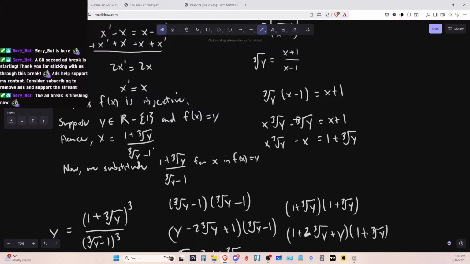Looks like, then we subtract this side into this side. Well, add this side to this side, and then minus this side to this side.